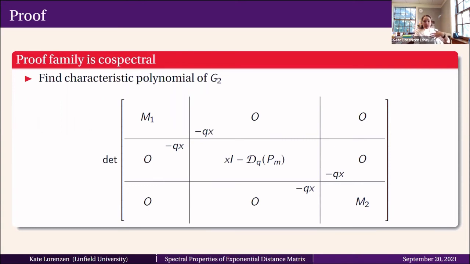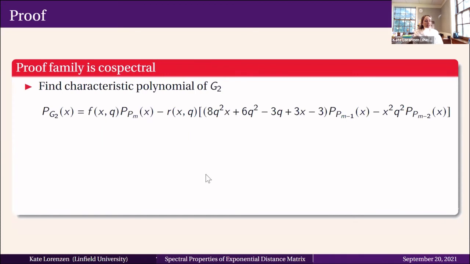But I can expand this out pretty straightforwardly and get this expression here, where I have some polynomial times the characteristic polynomial of my path on m vertices, minus some other polynomial times some stuff times the characteristic polynomial of my path on m minus 1 vertices, minus x squared minus q squared times the characteristic polynomial of my path on m minus 2 vertices.